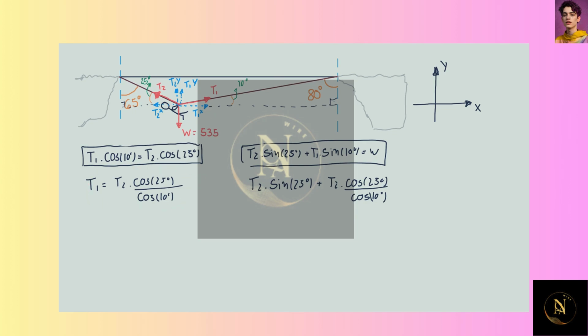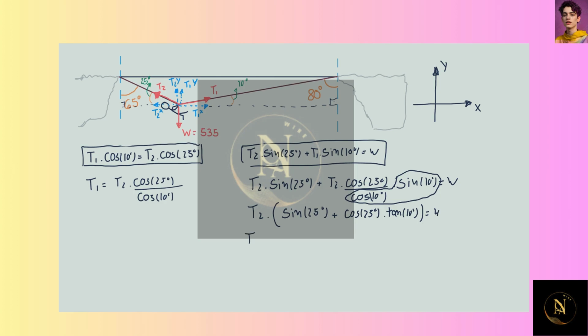And then we have to multiply T1 by the sine of 10 degrees, and this results in the weight force. We can factor T2, then we get T2 times the sine of 25 degrees plus cosine of 25 degrees times, notice that we have sine divided by cosine here, so this is a tangent, times the tangent of 10 degrees, is equal to the weight force.